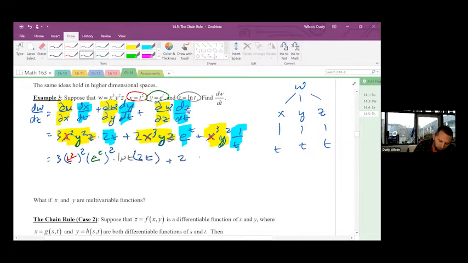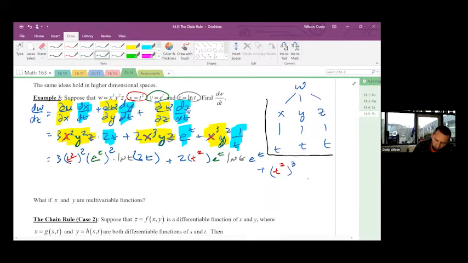plus 2 times our x, which is t squared, times our y, which is e to the t, times our z, which is ln of t, times an e to the t from before, plus our x, which is t squared, but now cubed, times y squared, where y is e to the t, squared, times 1 over t.